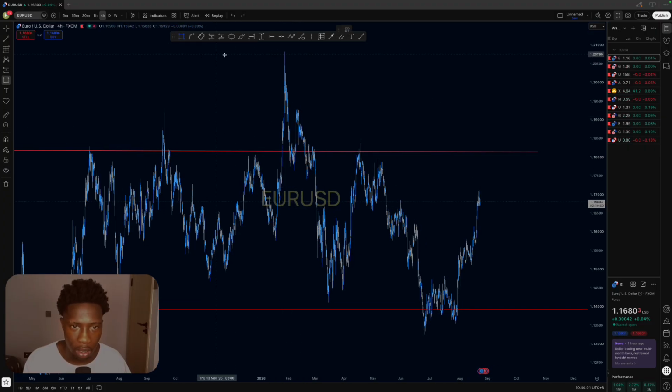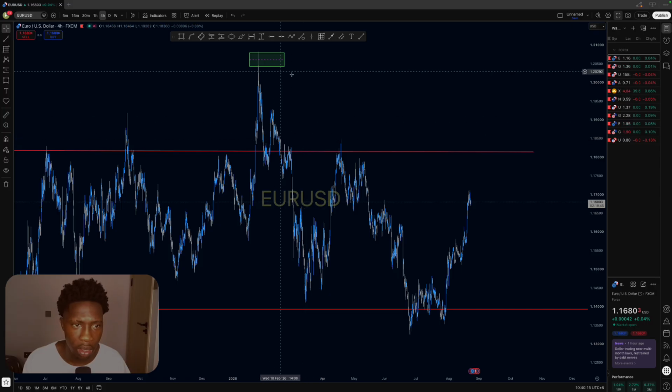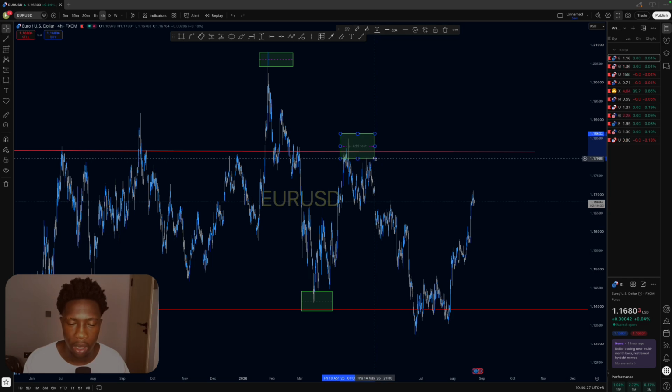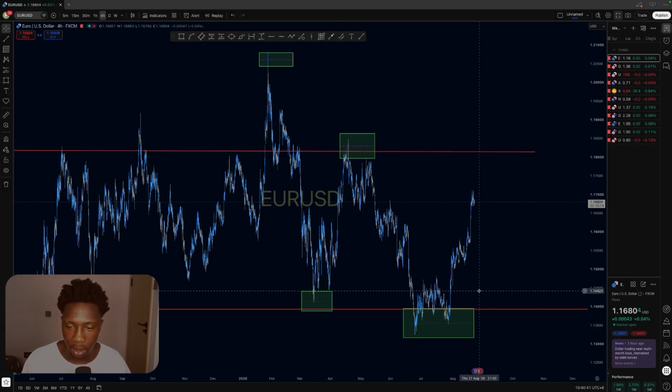This high is the highest point where the market reversed in January, and this is the lowest point where it reached the support level in March, and also returned to the upper side in mid-May, and then it also went to the downside to create this bottom, like a double bottom.